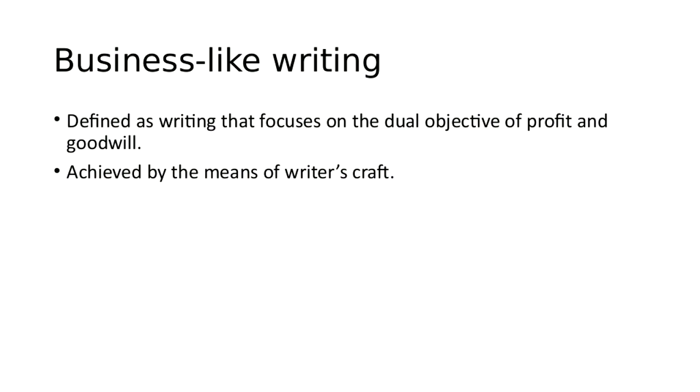So that's a basic, fundamental idea of what professional writing means and how we achieve it. It's achieved by the means of writer's craft, and by craft we define the conscious choices you're making as a writer while you're creating your sentences, choosing your words, forming paragraphs, etc.